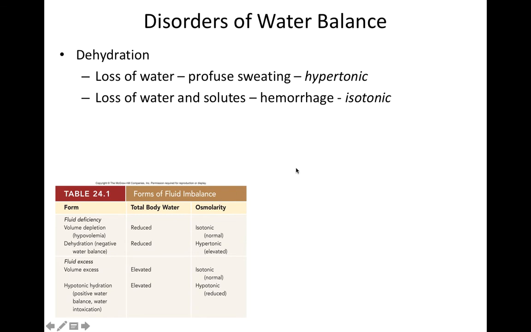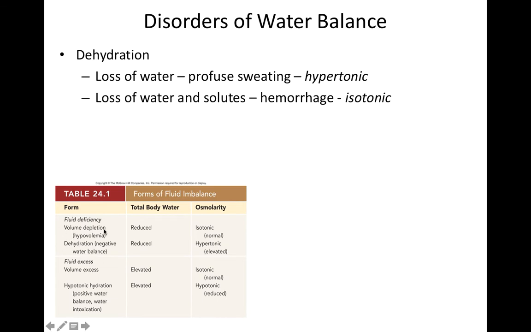So in a hypertonic dehydration, we have a true negative water balance, which means that we have lost water from our body. So if we have profuse sweating, we are going to lose water and a little bit of salt, but we can't actually excrete as much salt as we do water. So what we end up having is a negative water balance, and that is going to leave our body in a state of hypertonicity. We're losing water.